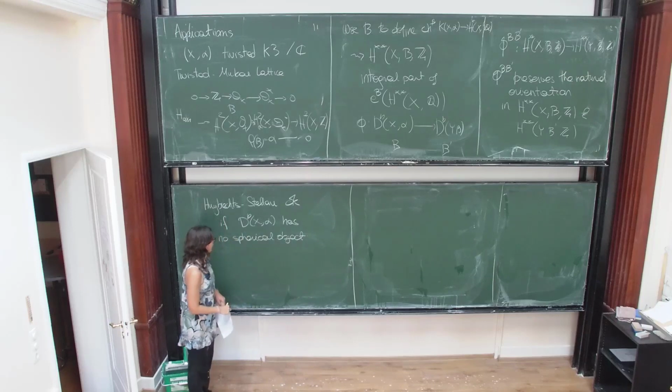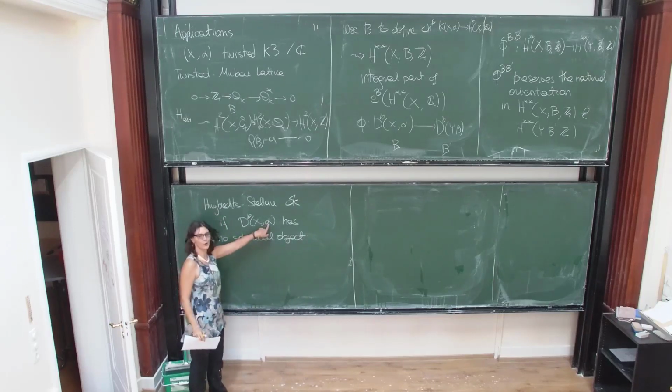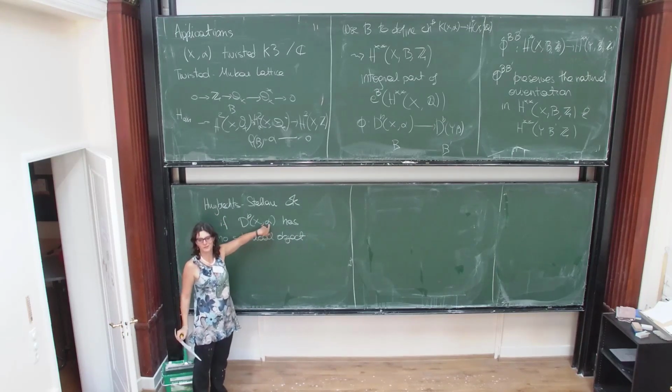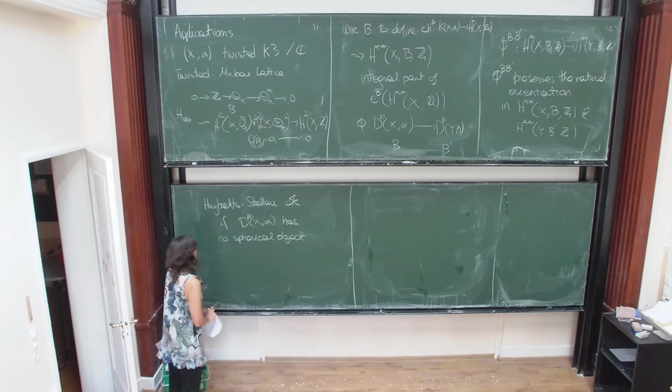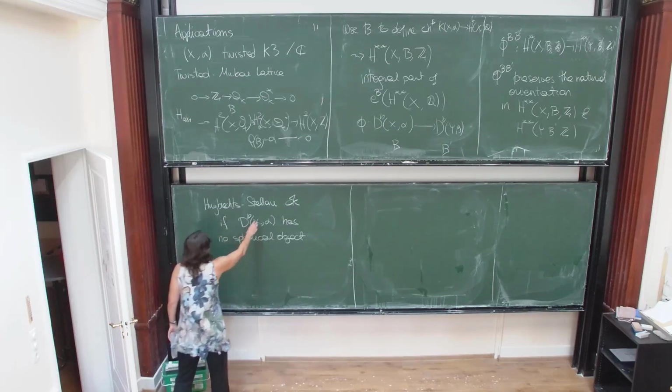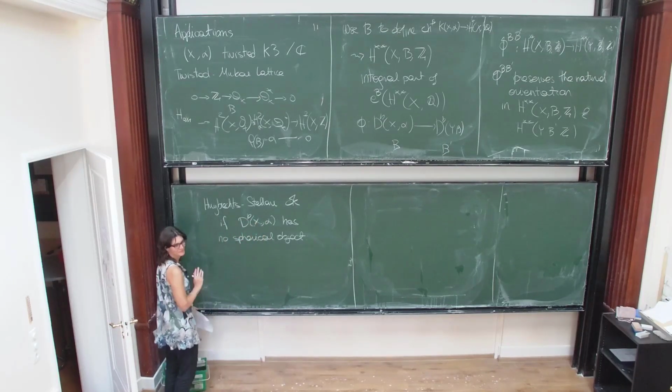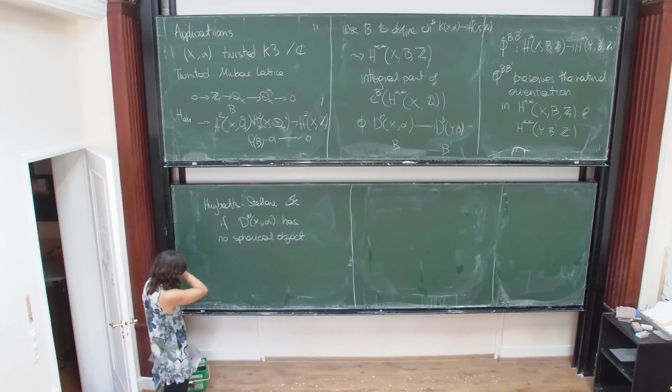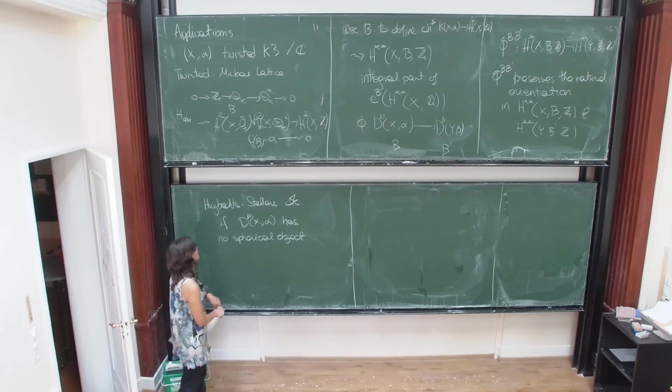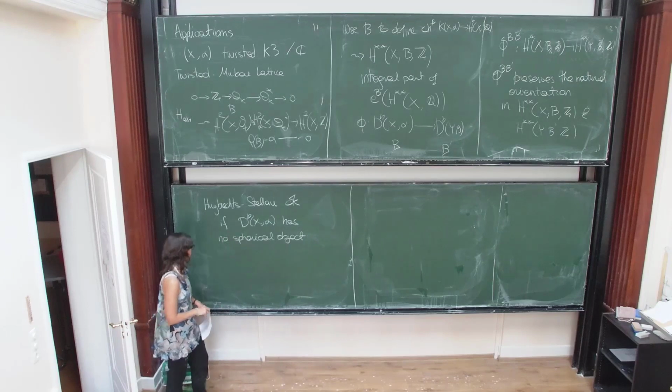You can say, why? O_X is a spherical object always. No, because we are twisting, so there is no O_X. O_X is not an object in here, or it is an object in here only if alpha is trivial. So it was okay if this has no spherical object.